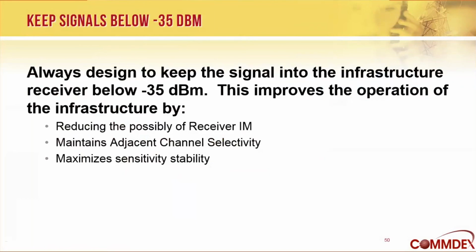Now, intuitively you might think the stronger the signal into the receiver, the better, but that's not really true. There is a window between the receive sensitivity floor and the highest level that we want to maintain. And it's a fairly wide window between about minus 35 to minus 120. If you can keep your receive signal in that window, you're good.